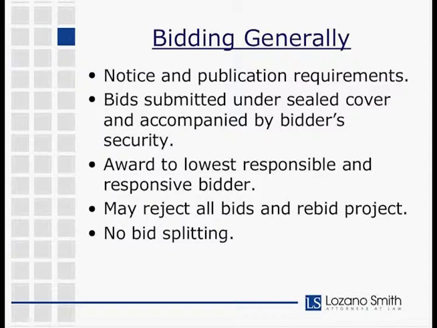And if you've got good backup documentation showing that the decision to go forward with these projects came up at different times, they were never one project that was split up, you have a much better argument that you're not engaging in unlawful bid splitting. And that sometimes can be a very fact-based analysis, so just be careful if you ever feel like there are multiple contracts relating to each other, just be careful and be aware of this issue.